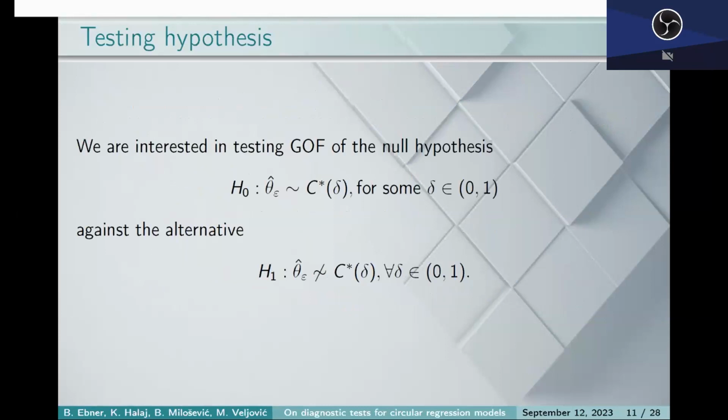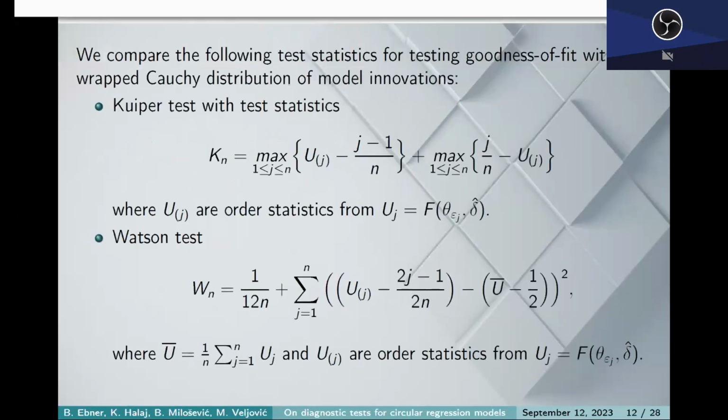And for testing this hypothesis, we use several tests. The first two are classical ones, the Kuiper and Watson tests. These two tests are rotation invariant versions of the Kolmogorov-Smirnov and Cramér-von Mises test statistics, and both tests are based on the difference between the empirical and theoretical distribution function.